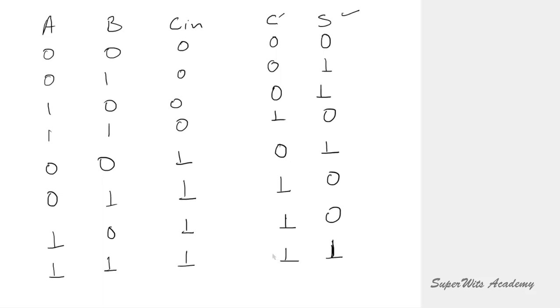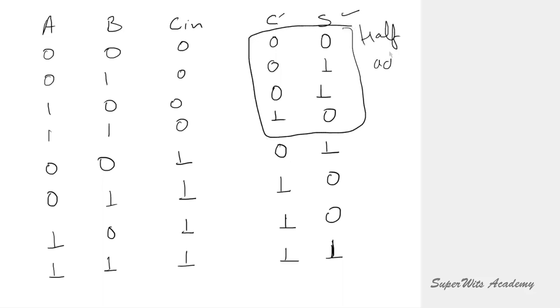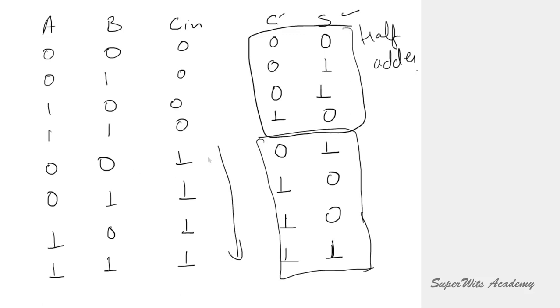Now if you see carefully, this particular set is all half adder, and this particular set is a bit different because we have a previous carry. When both the inputs are 0 and the carry is 1, the output is actually equal to this particular set, so these two outcomes are the same.